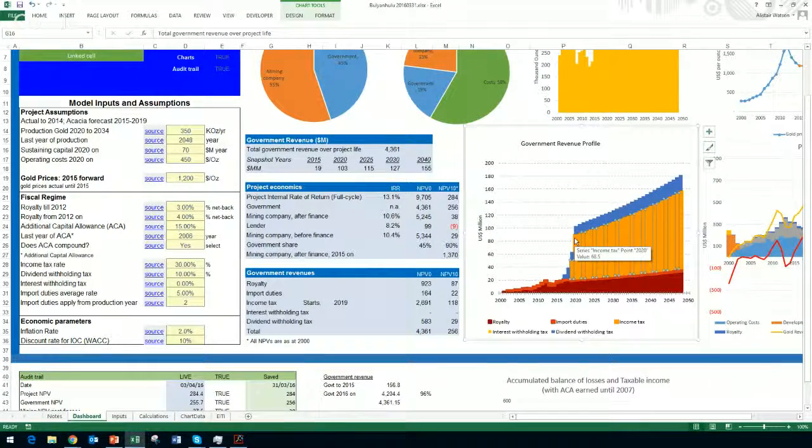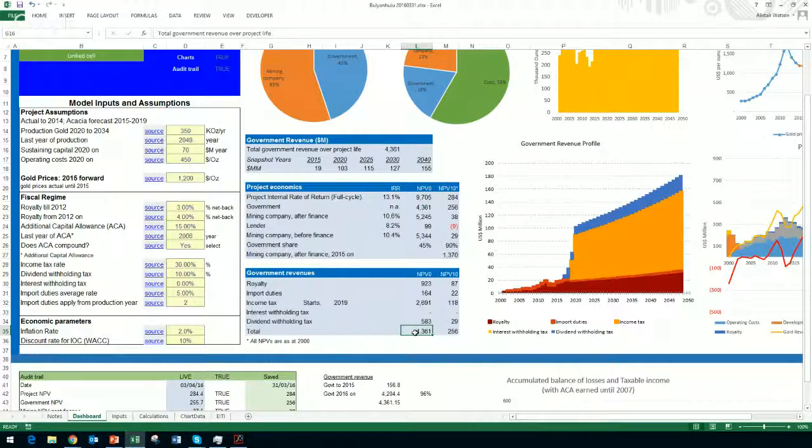And the biggest single source is this income tax. So if things go well, the government's revenue from this project is about to take a very substantial upward step. But as you said, Johnny, how big the upward step is very much a function of the gold price.